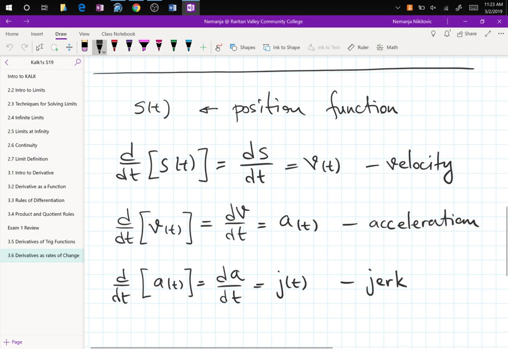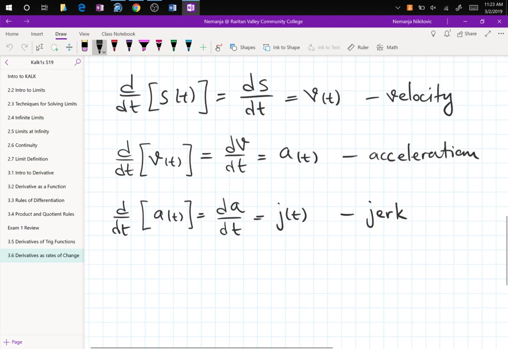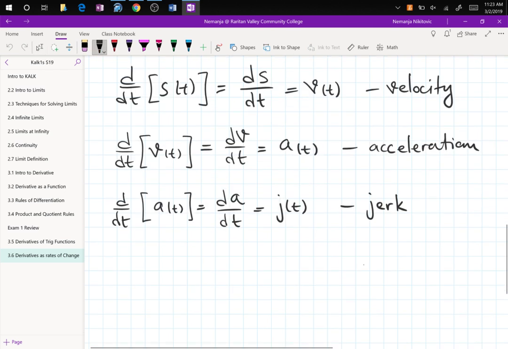So that's that. So now we can come up with any kind of a function as our position function.